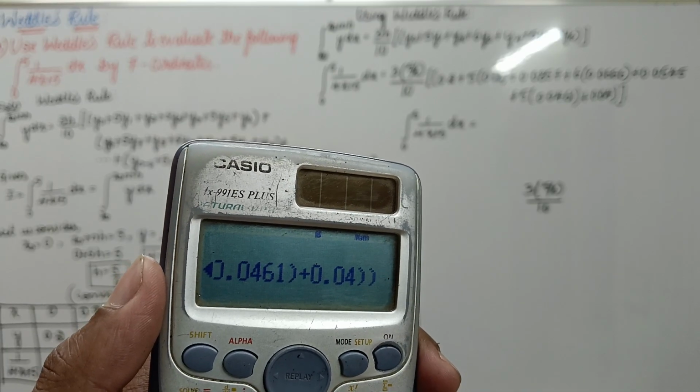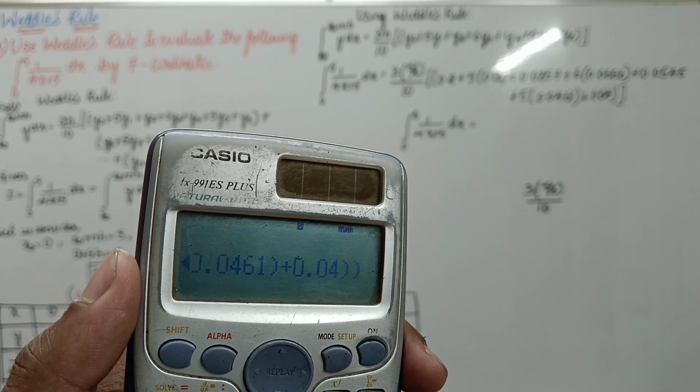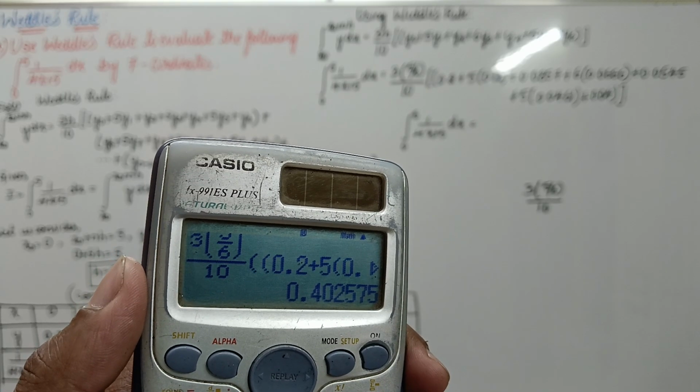Please always check once whether the values you have given are correct or wrong. Press equals, you get 0.4025.